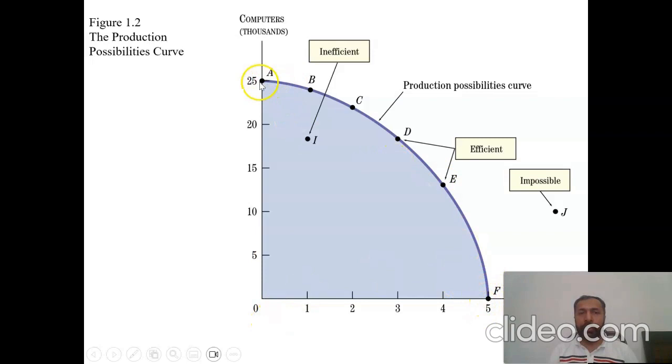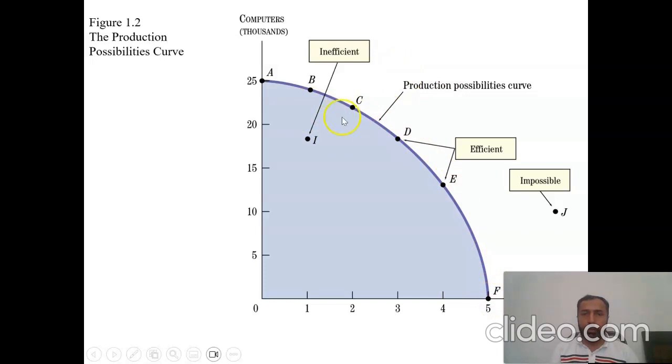And when we combine these points A, B, C, D, E and F, we get this curve, this line. This graph is known as the production possibility curve or production possibility frontier.